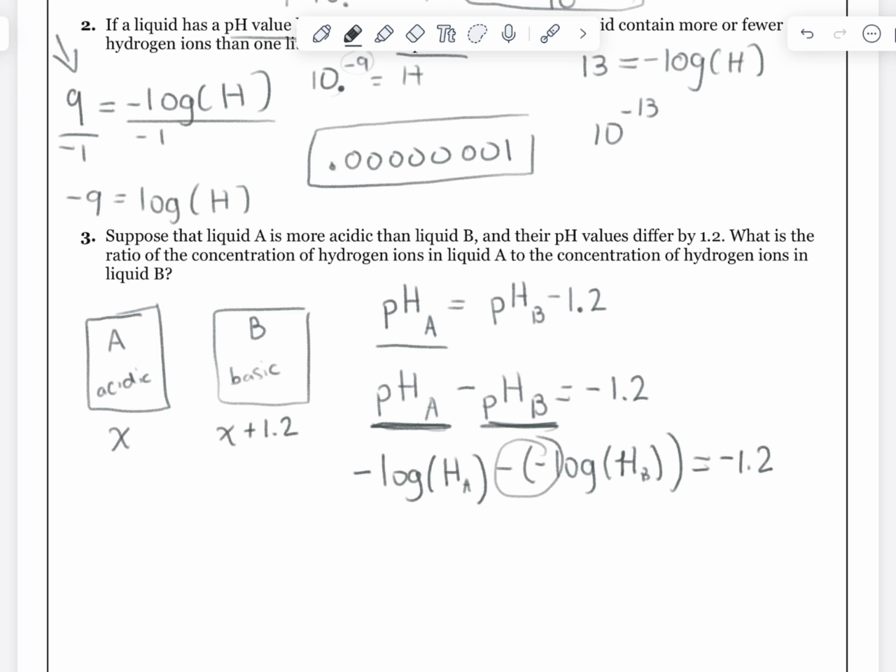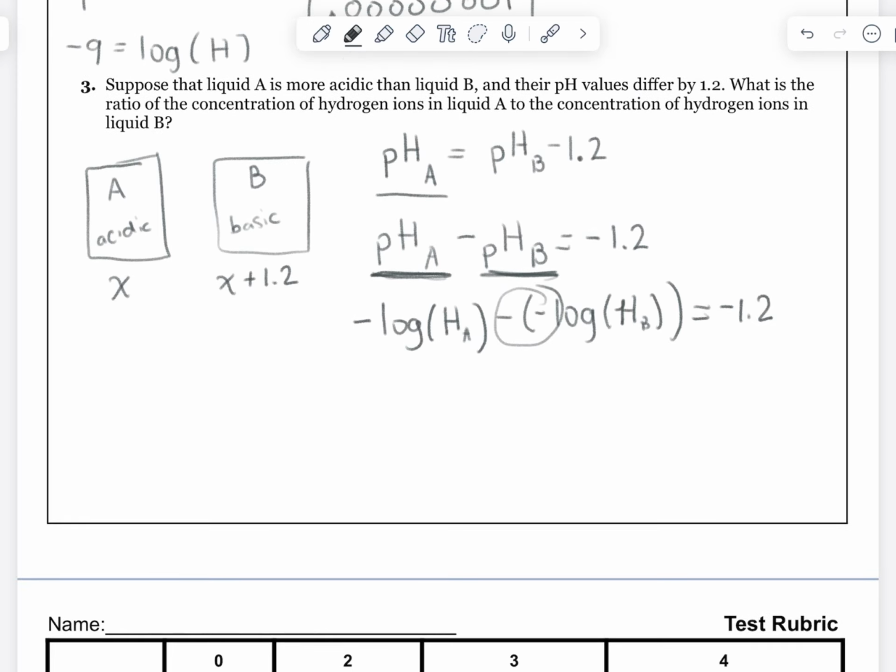Yes, we can. I can see here that there are two negative signs, and when you have two negative signs, you can turn it into a positive. So negative log of H sub A plus log of H sub B is equal to negative 1.2.